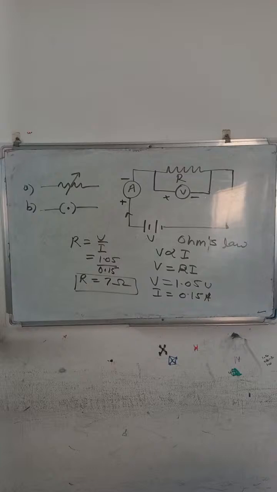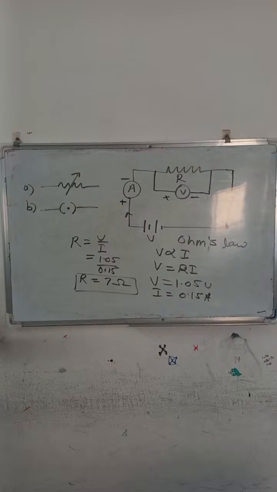Draw a closed circuit diagram consisting of 0.5 meter long nichrome wire XY, an ammeter, a voltmeter, four cells of 1.5 volt and a plug key.